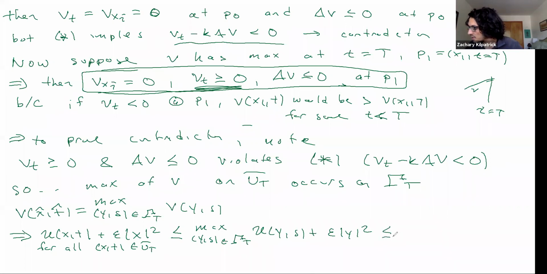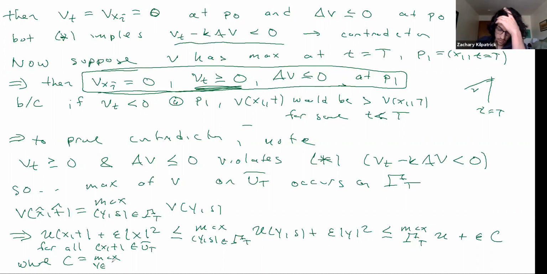Moreover, I can bound this just by the max over gamma t of u plus epsilon times some constant c, where c is just going to be the maximum over y in the closure of u of y squared, okay?